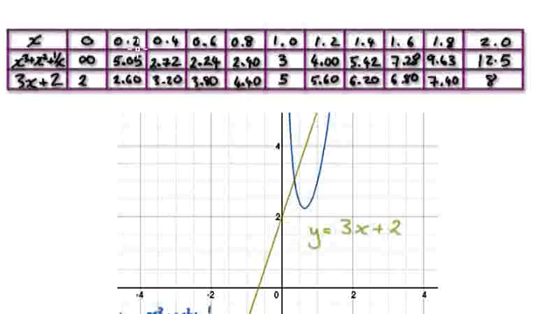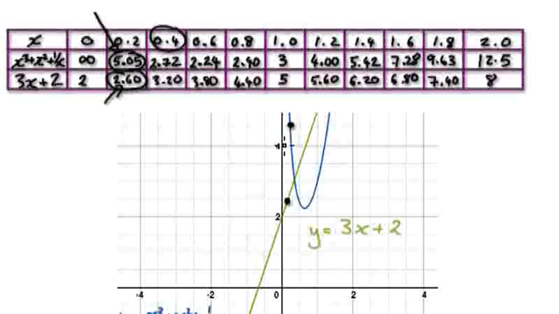When x equals 2, the blue line would be here, 5 point something. When x equals 0.2, this thing here will be below this. You see this value here is below this value here.